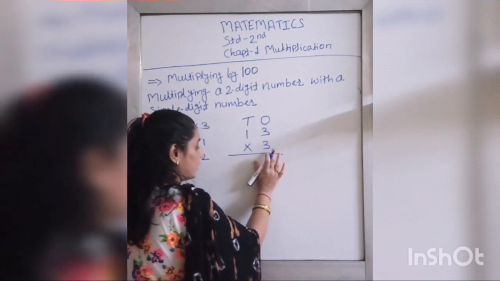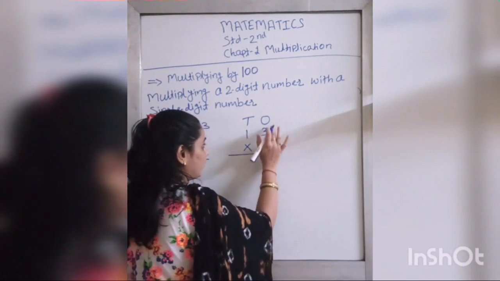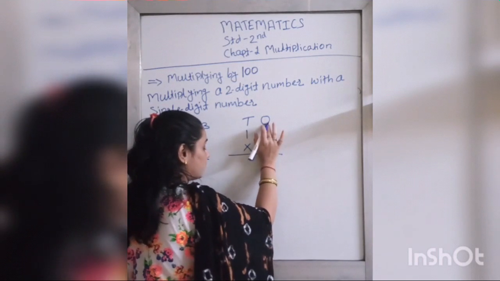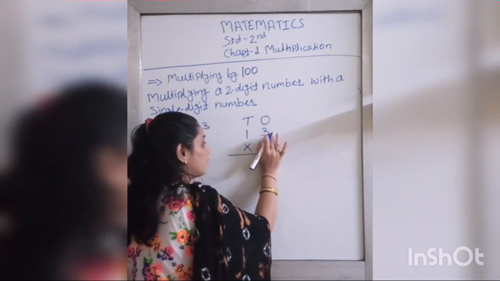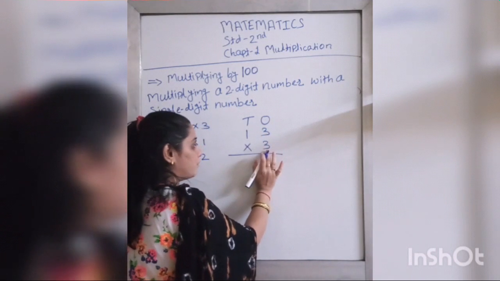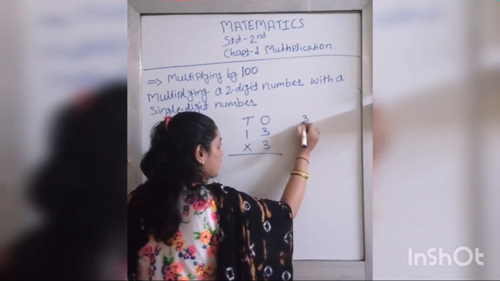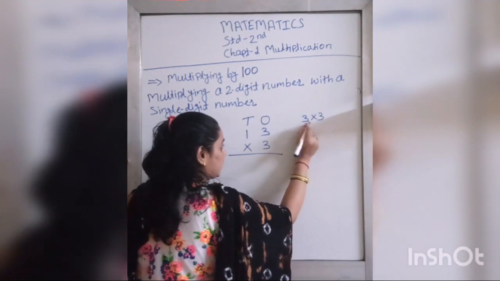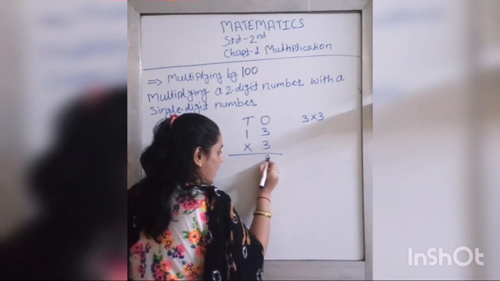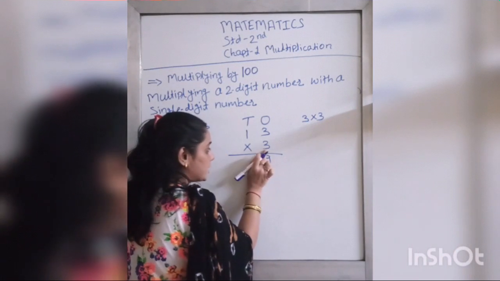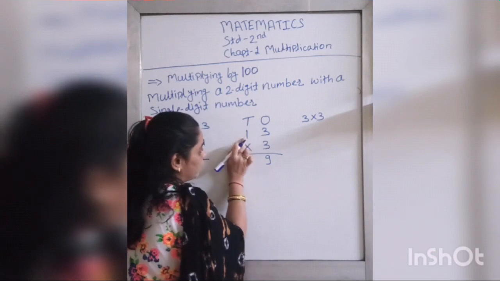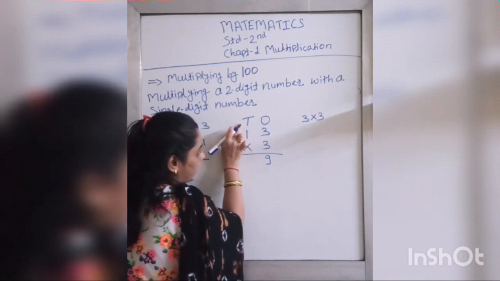Now, whenever we start multiplication, we start from the ones place. First we will multiply 3 into 3. Can you tell me what is 3 multiplied by 3? 3 3s are 9. Then we multiply the same number with the number which is on the tens place.